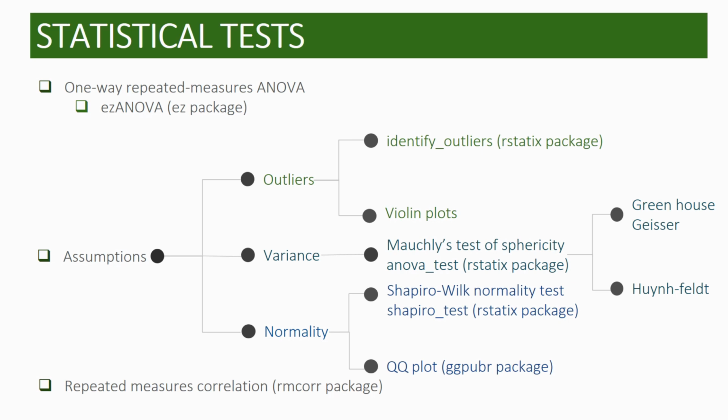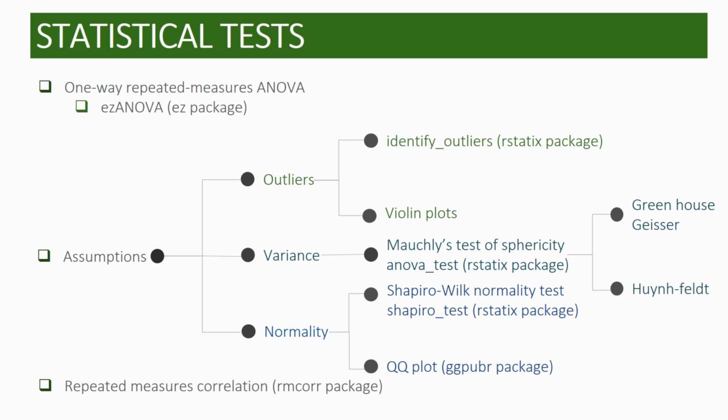Then I've checked the variances of differences between groups with the Mauchly's test. If the variances are not equal, then I had to check the two different types of corrections, Greenhouse-Geisser and Huynh-Feldt correction.